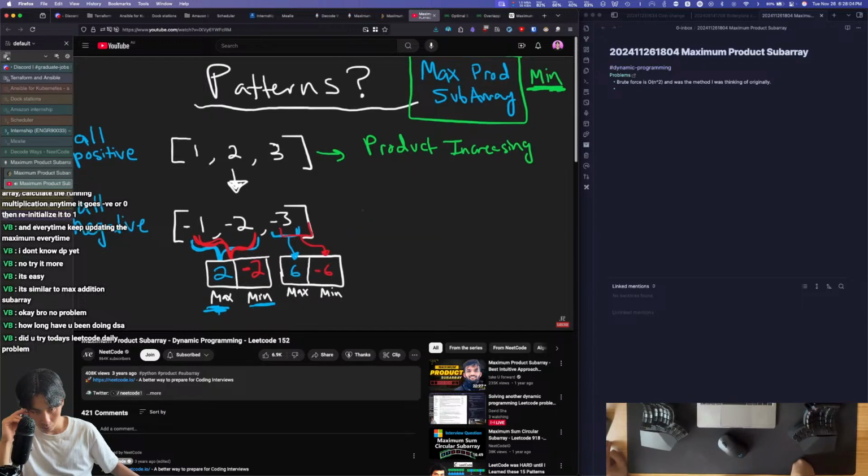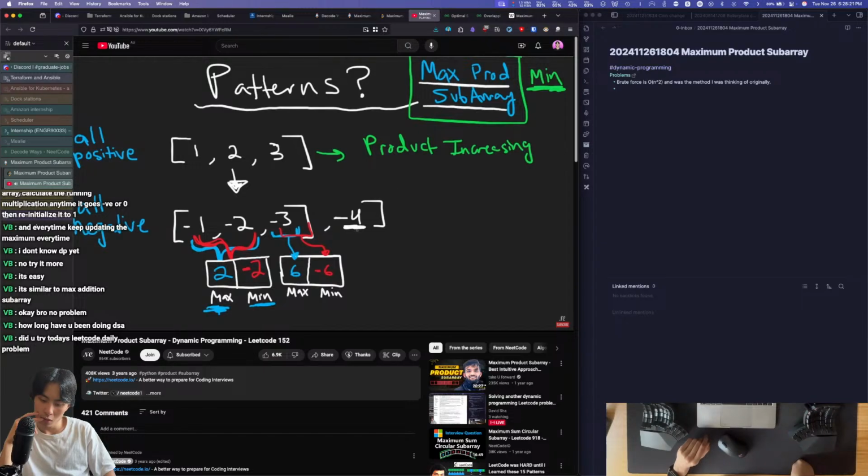And hypothetically, maybe we get another element, and this time whether it's positive or negative, right? So in this case, let's say it's negative 4, we will be able to find the solution because we're looking for the max product subarray, and we know if we take negative 4, multiply it by the current minimum, which is a negative number, negative 6, we will end up getting 24, which is what we're looking for.